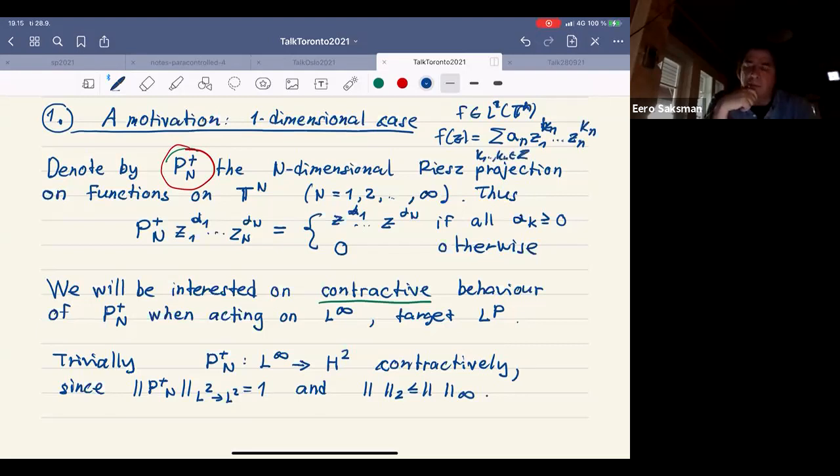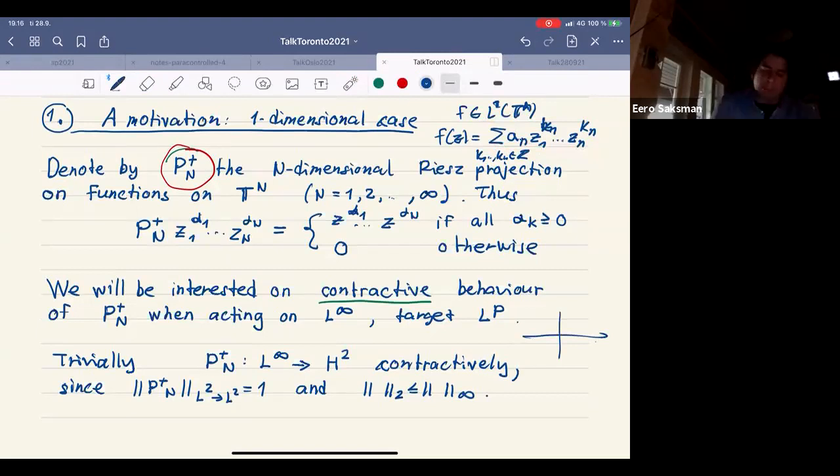The z_j are unimodular. So this is just a standard n-dimensional Fourier series on the n-dimensional torus, nothing more. And the Riesz projection then just kills all the elements in this sum which have at least one negative index. So in other words, let's say in 2 dimensions, if you write the indices here, you are projecting on the non-negative index pairs, so onto the positive octant.